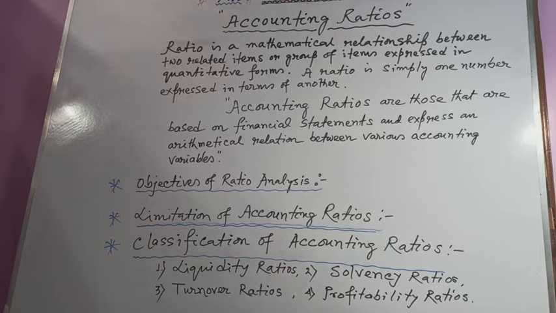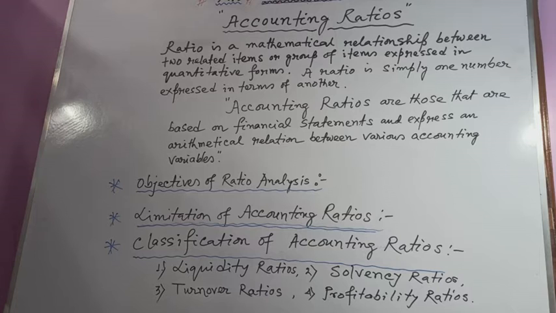Another limitation, ratio analysis becomes less effective due to price level changes. Price level changes are very important. That means price level changes in the figures of past years must be adjusted in the light of price level changes before the ratios for these years are compared.